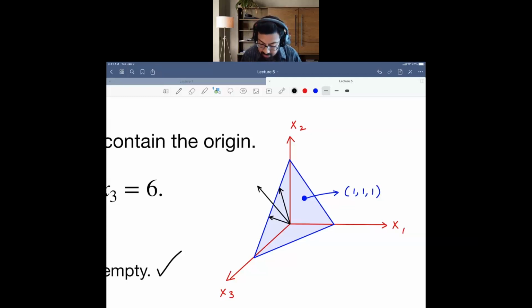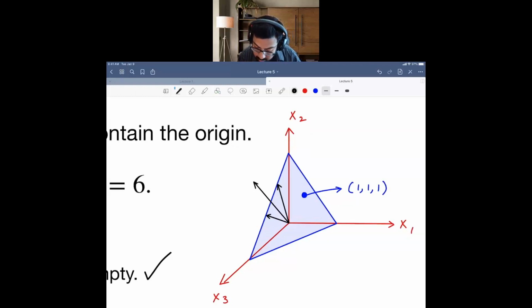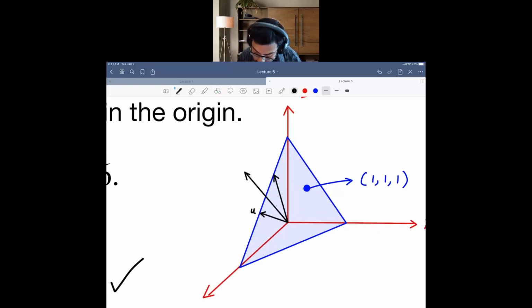And it is not going to be on that plane. It's not going to belong to that plane, because remember, origin is not included. So if you assumed that this was U, this was V, U plus V goes out of that plane. It doesn't belong to that W.